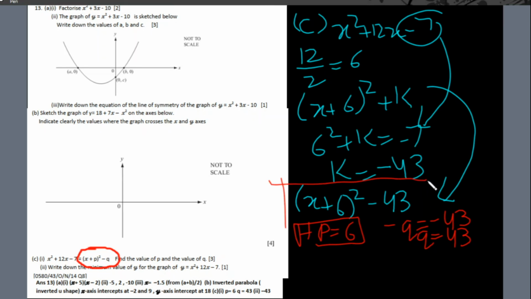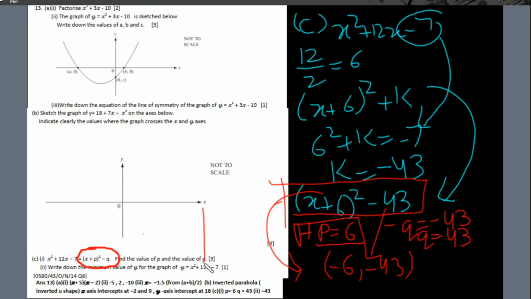So we're still talking about this equation, and to find its minimum value or the turning point, or in some cases the maximum value, we flip the sign of plus 6, so we get minus 6, and we retain the sign of this, so we get minus 43. So the minimum point of this graph would be somewhere over here, which the point is minus 6, minus 43.